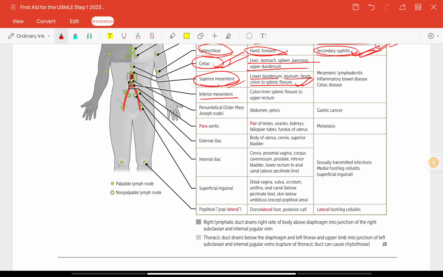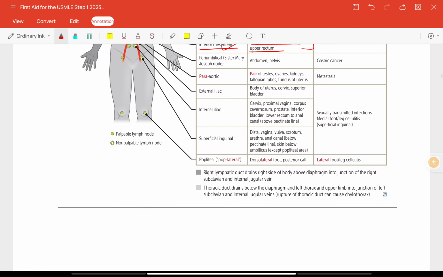Similarly, for inferior mesenteric, that is colon from splenic flexure to upper rectum. And for all three, that is celiac, superior mesenteric, and inferior mesenteric, lymphangitis, inflammatory bowel disease, and celiac disease are associated pathology.